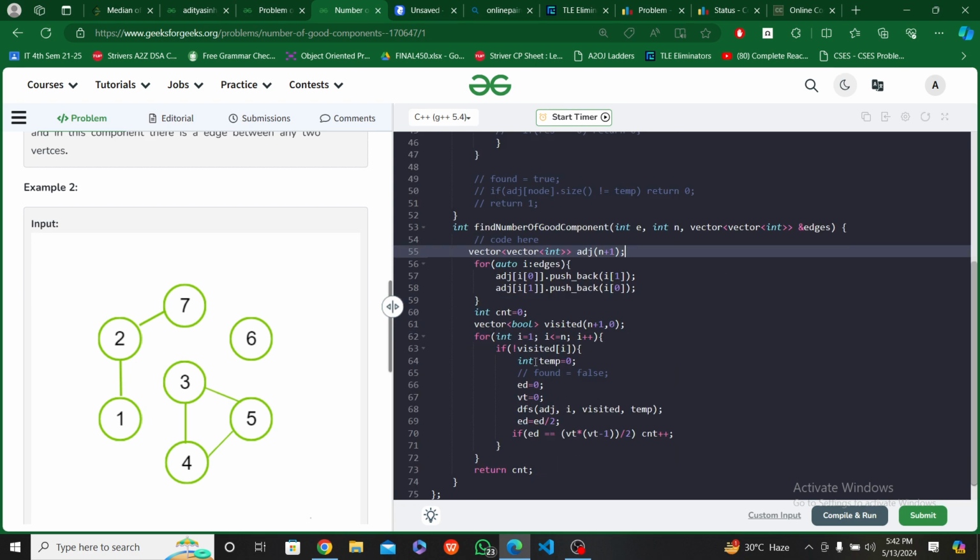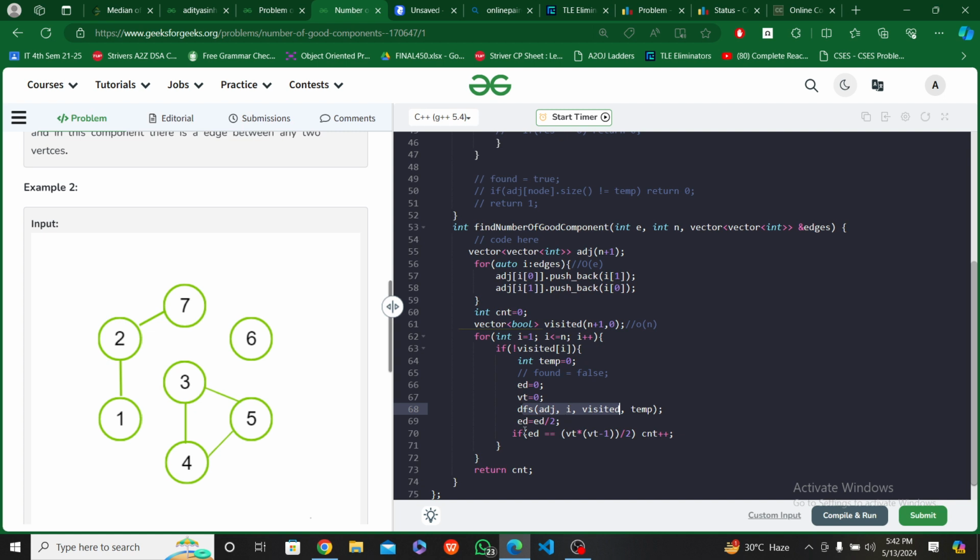So for time complexity, here I am initializing the vector, which is O of n, where n is the number of vertices. And here we are making the adjacency list, so it will take O of e. Here I'm running the loop from 1 to n, and the DFS function is called for those vertices which are not visited.